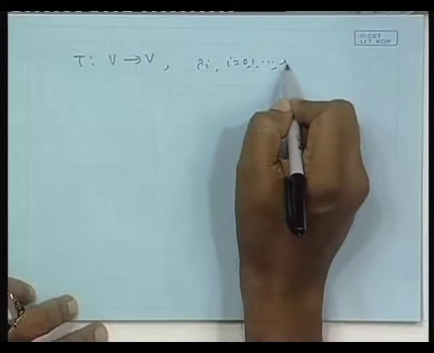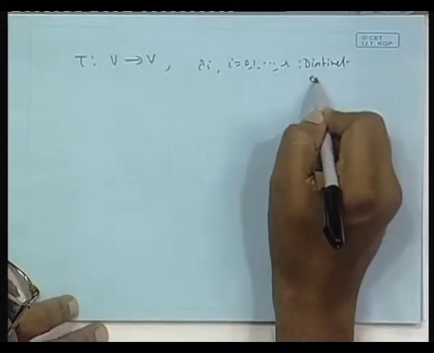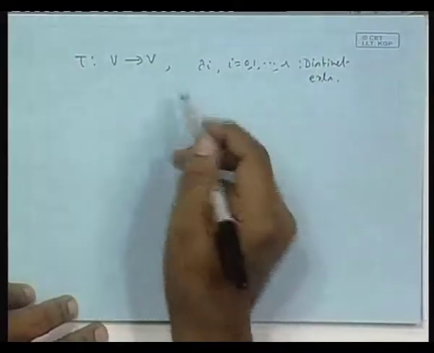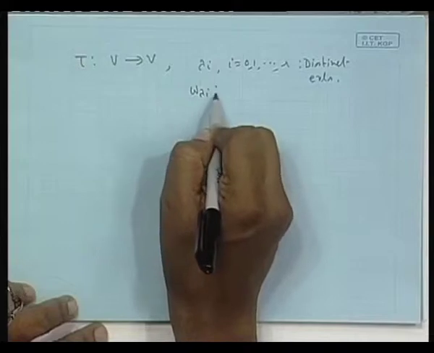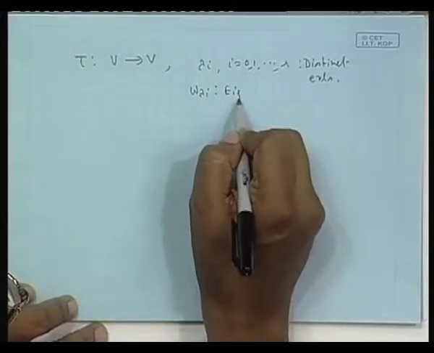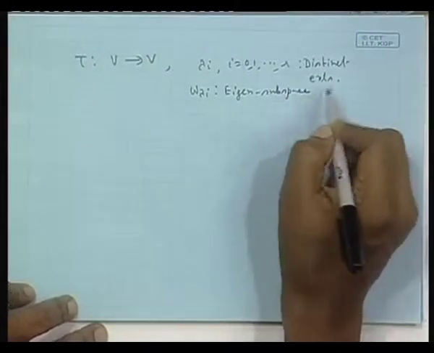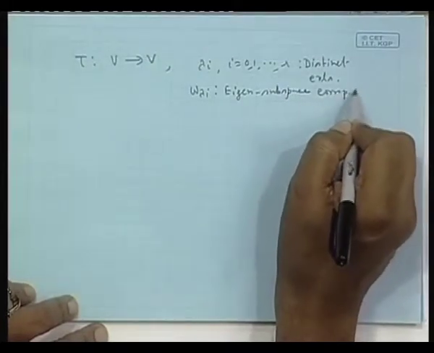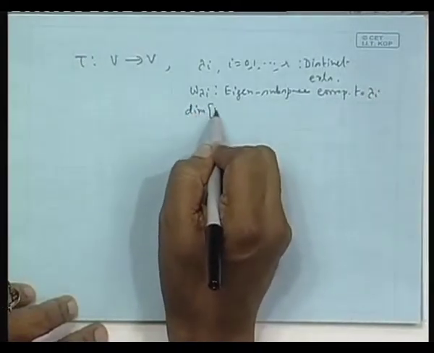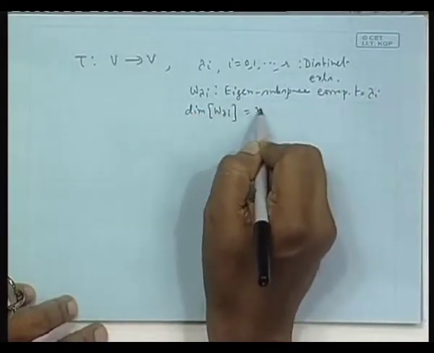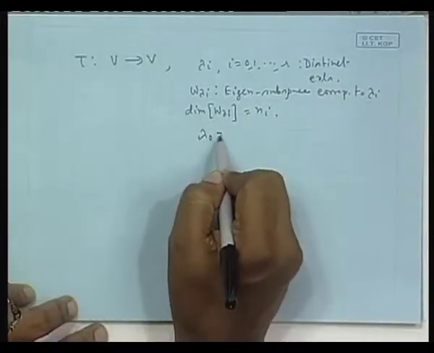So, I start with 0, distinct eigenvalues, W lambda i the eigen subspace corresponding to lambda i, the dimension of W lambda i is Ni, and we have the additional condition that lambda 0 is 0.